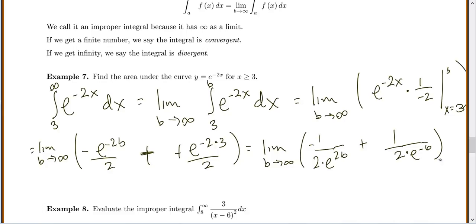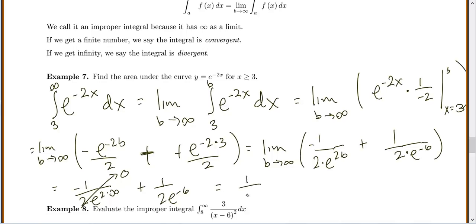Okay. Now we can plug in our infinity. So this is going to be negative 1 over 2e to the 2 times infinity plus 1 over 2e to the 6. Okay, notice we're dividing by really big numbers. So anything divided by really big numbers, no matter what it is, always gives you a 0.